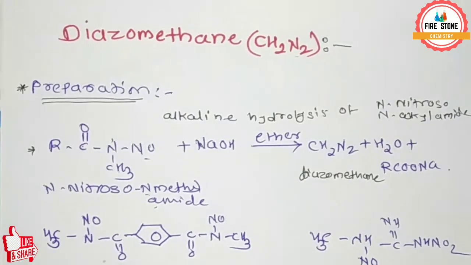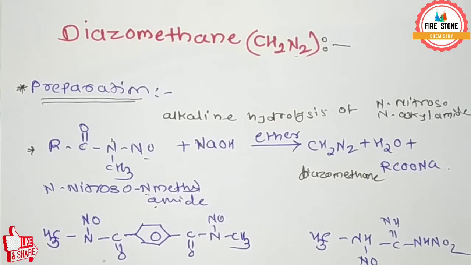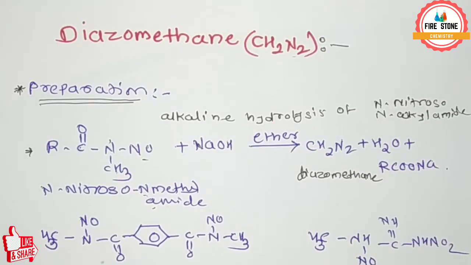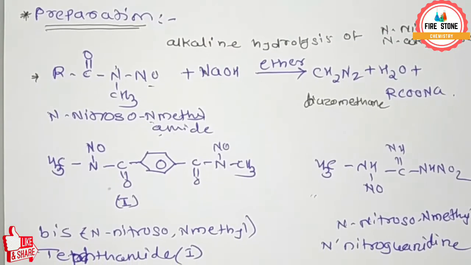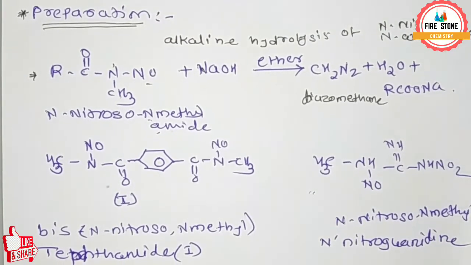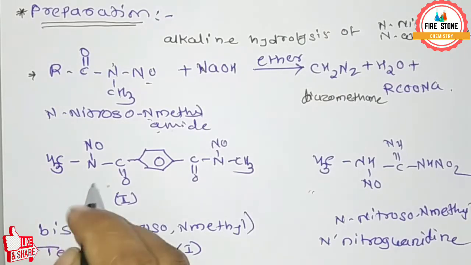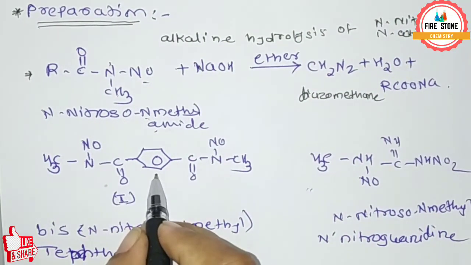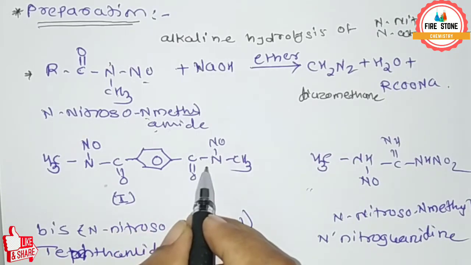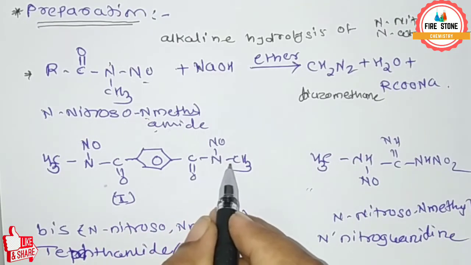Again, diazomethane can also be prepared from other precursors. Here, CH3 N CO, CO, vinyl ring CO, NO, CH3.